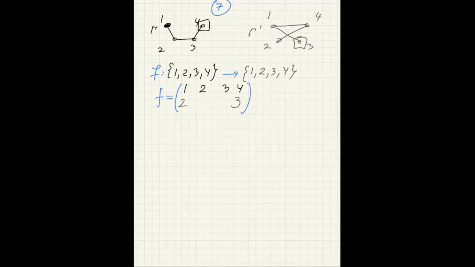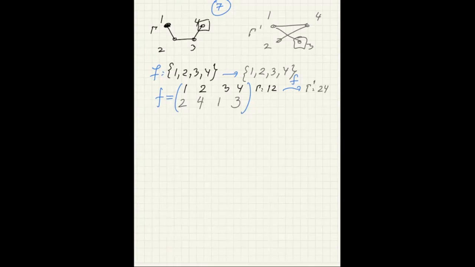And then what happens in between them: 1 was mapped to 2, 1 is adjacent to 2, so 2 is adjacent to 4, so we should map 2 to 4, and then 3 gets mapped to 1. And you can actually check for each edge. So 1, 2 is an edge in gamma, and under the image of F, in gamma prime, that becomes what? 1 gets mapped to 2, and 2 gets mapped to 4.